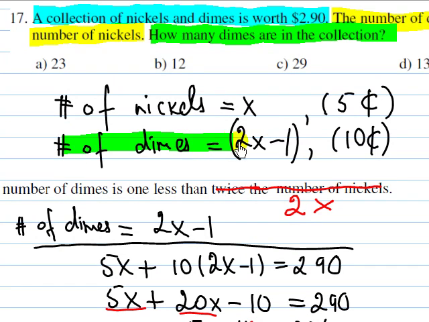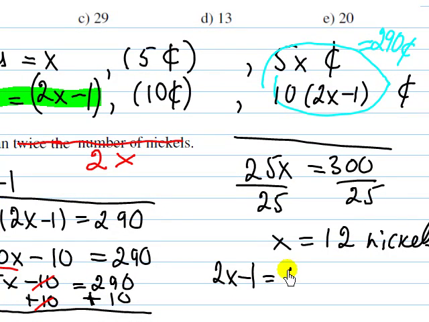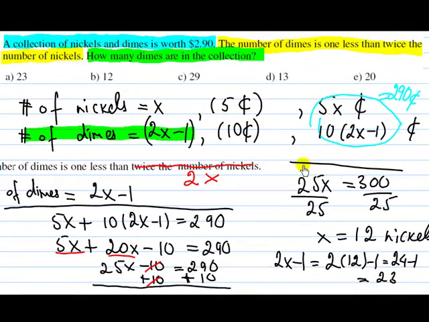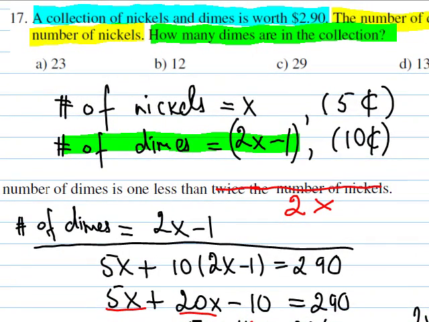The number of dimes is actually 2x minus 1. So we're going to have 2x minus 1 equals 2 times 12 minus 1, which is 24 minus 1, or 23. That now will be the number of dimes. And the answer hence will be A, 23.